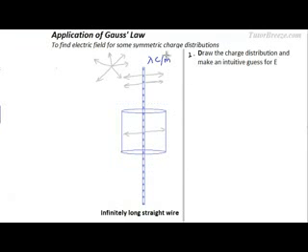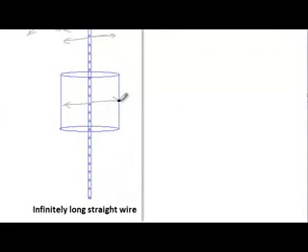Now, we want to find the electric field at a distance r. So, this distance from the wire is r. I have chosen a Gaussian surface of radius r, and the height of this Gaussian surface is h.